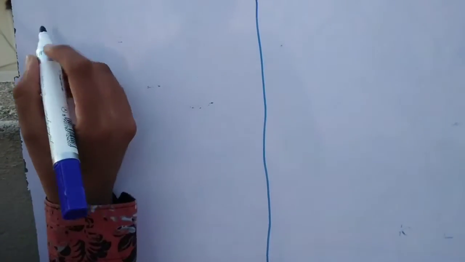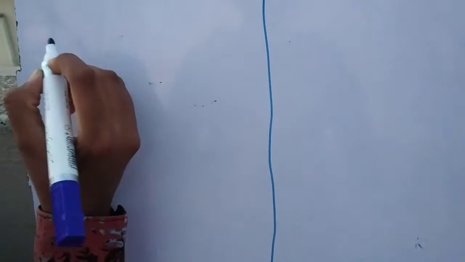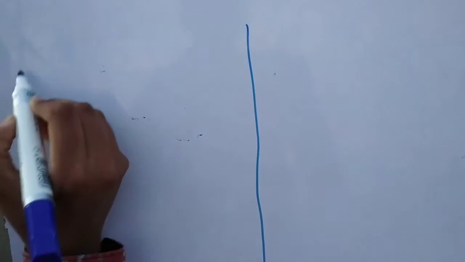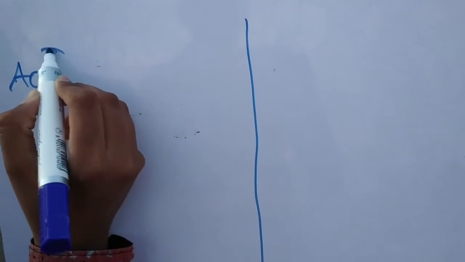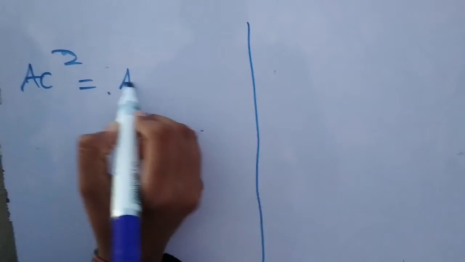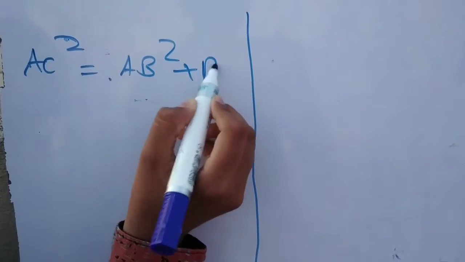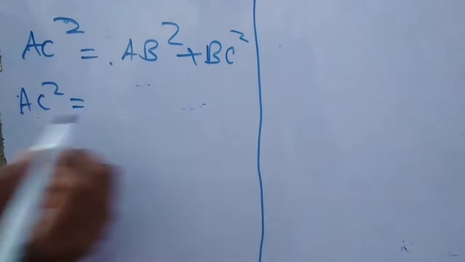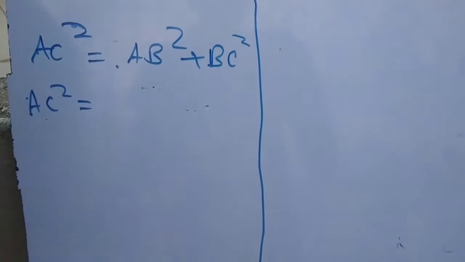Friends, now we are going to apply the Pythagoras theorem to prove angle A is equal to angle X. So let's start the Pythagoras theorem in the first triangle. AC square is equal to AB square plus BC square, right? And what is AB?